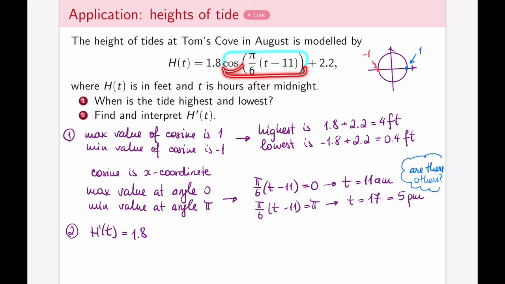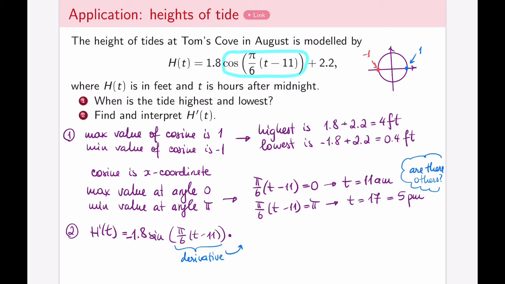The derivative of cosine, which is the outside function here, is negative sine. So I'm going to pop a negative up front, and I'm going to have a sine. I'm going to keep the inside as is, and then multiply by the derivative of the inside.